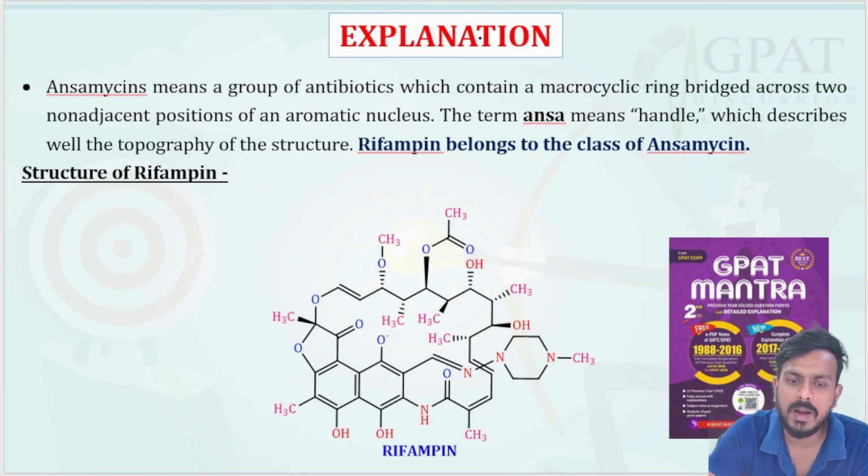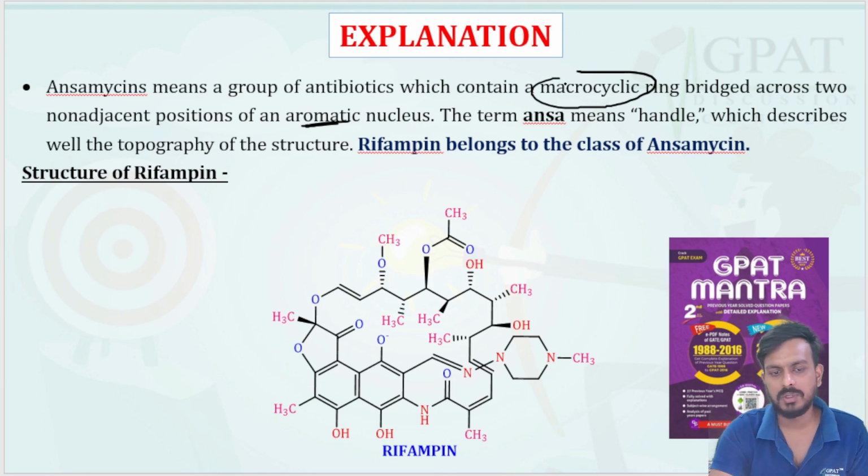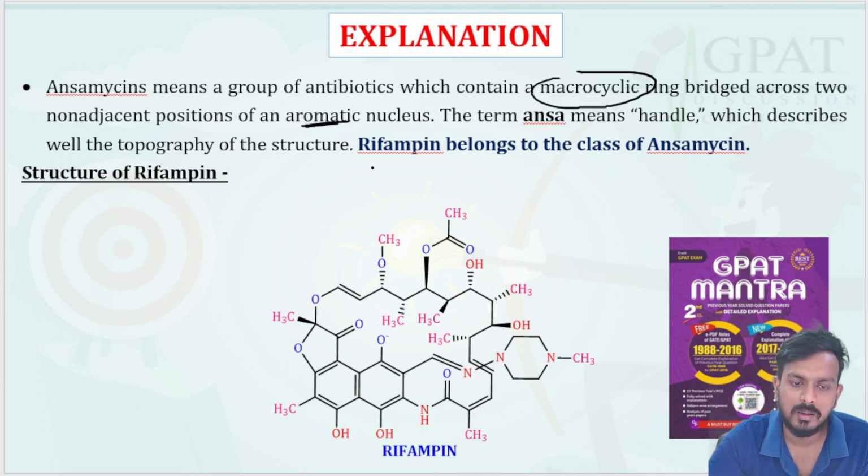Ansamycin means a group of antibiotics which contain a macrocyclic ring bridged across two non-adjacent positions of an aromatic nucleus. The term ansa means handle, which describes the topography of the structure. Rifampicin belongs to the class ansamycin. Okay, the correct answer is rifampicin.